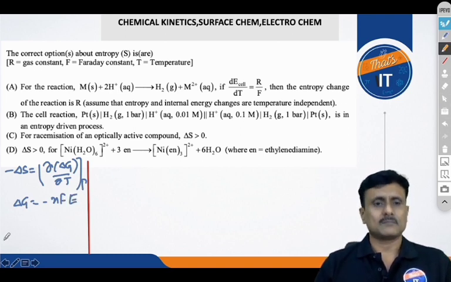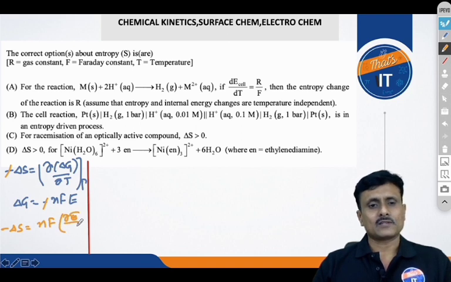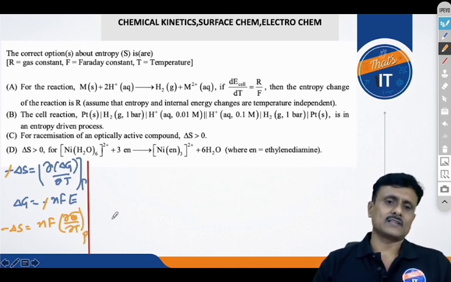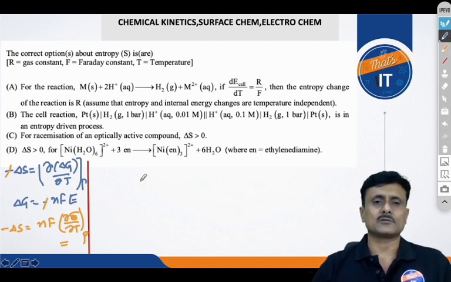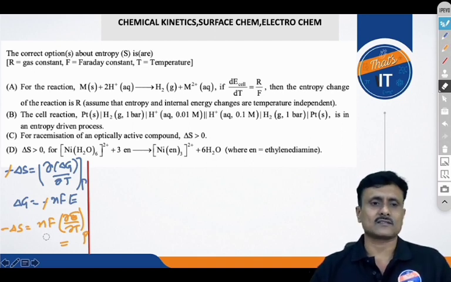Minus delta S equals, you can see that the minus gets cancelled on both sides, nF dou E by dou T at constant pressure. dE by dT or dou E by dou T, one and the same for small changes, is called the temperature coefficient, isn't it? So your minus got cancelled, right?